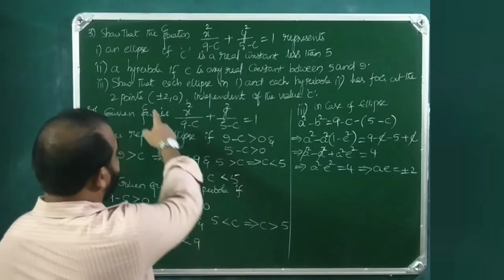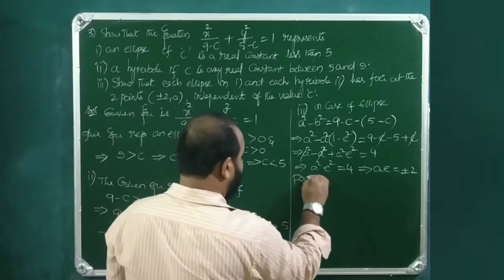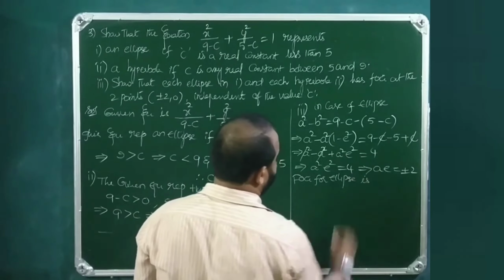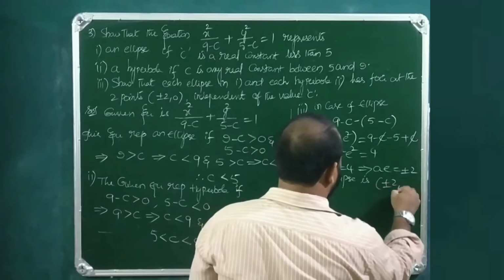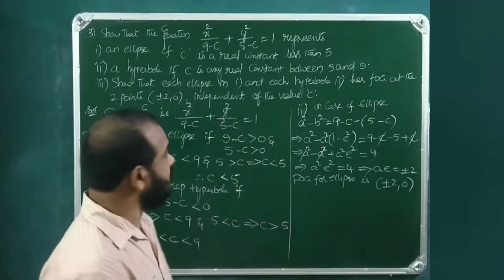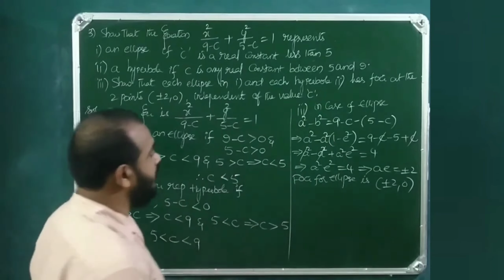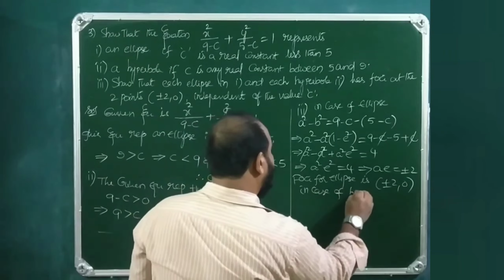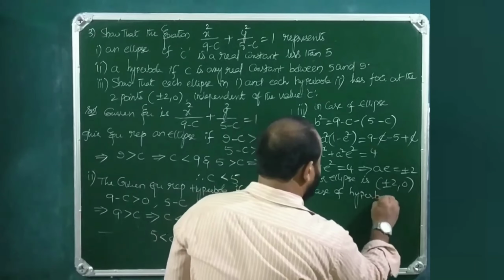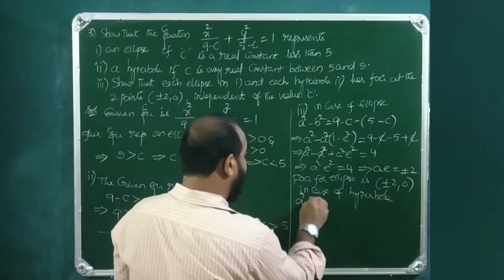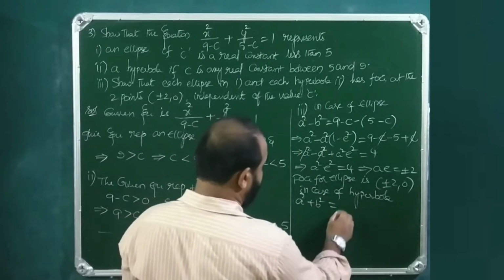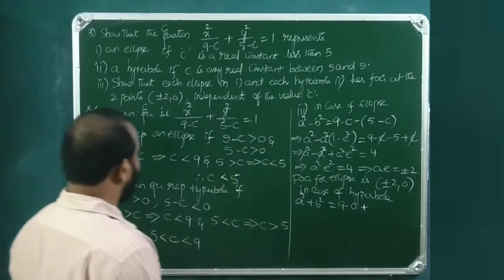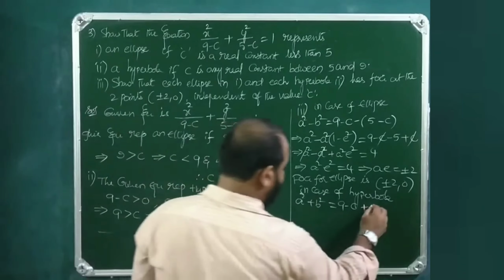Therefore, the foci for ellipse is plus or minus 2 comma 0. That's what we need to show. And in case of hyperbola, a square plus b square is equal to 9 minus c plus b square, which is 5 minus c here.